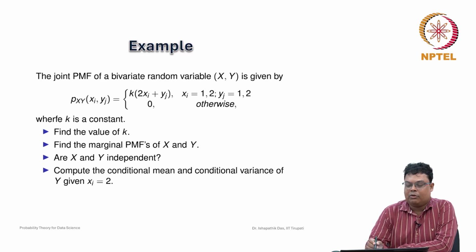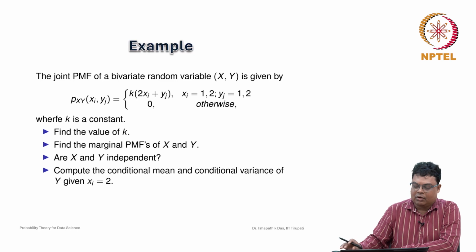This example we have already studied. Here we are repeating it because we want to do some more problems related to computing the conditional mean and conditional variances. I remember that all these problems we have already done, so you can go back and check. We will do them here also. It may be repeated, but you will understand more clearly.